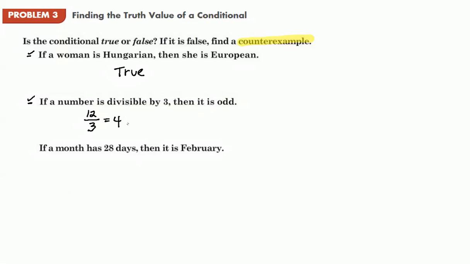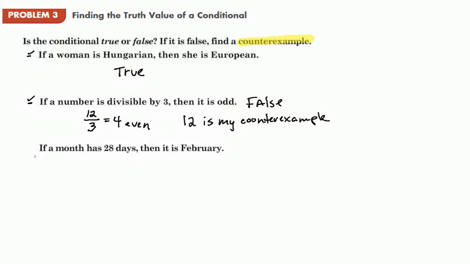Well, 4 is an even number. So I just went ahead and showed you a counterexample. 12 is my counterexample. Okay, I'm sure there are other numbers we could use, but we're just showing one. All you need is one to show that it's false. So this statement is false.